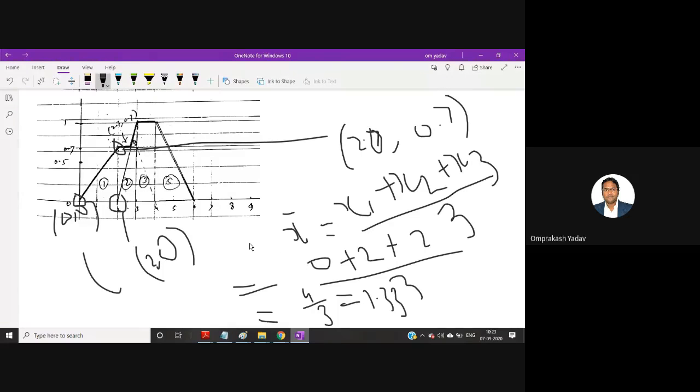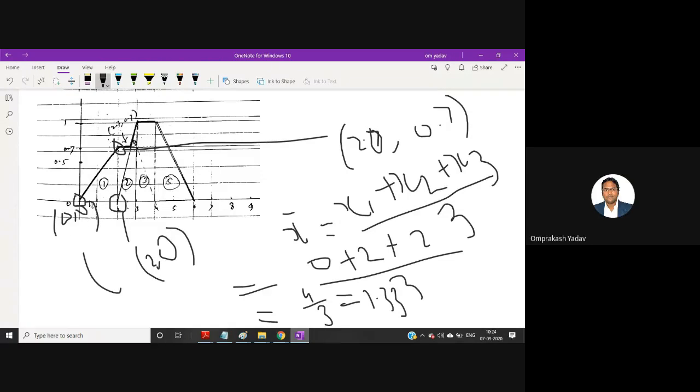How did you get x1 plus x2 plus x3? Can you just explain it again? I didn't get your voice. What are you saying? How do you get x1 plus x2 plus x3, sir, for x bar? That is the formula for determining the centroid of a triangle.